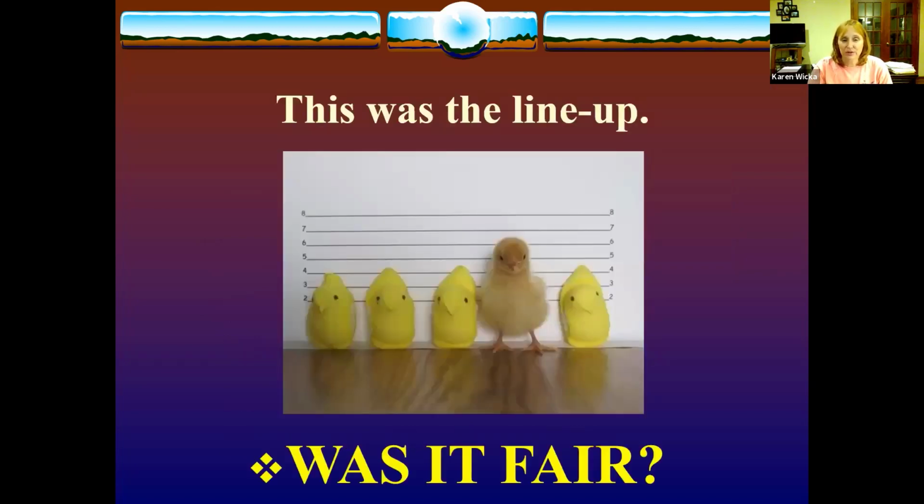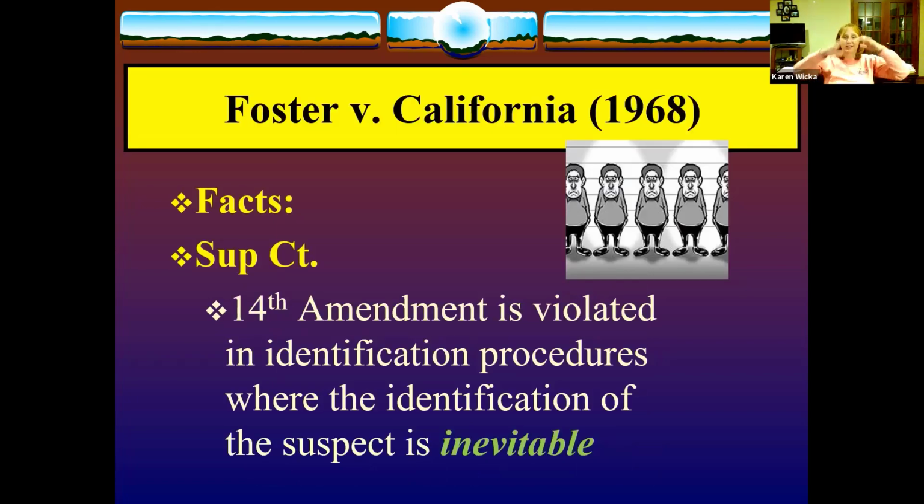There's only one thing you can choose, right? So if the police set up an identification process which is clearly going to lead the person to identify just one person, no matter what, that means that it's inevitable. Then the court has said that's going to be unfair, and it will violate the 14th Amendment against fair process or due process.